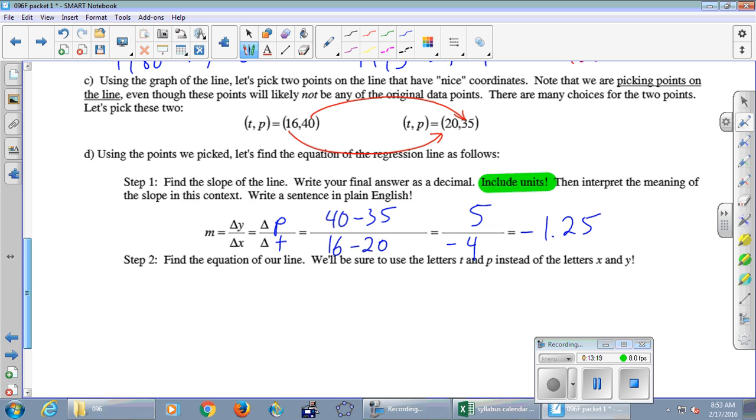These were percentages, right? So upstairs, the units are definitely percent. Downstairs, I had a 16 and a 20. What were those measured in? Years, right? And so when we say -1.25, we really mean -1.25% per year.